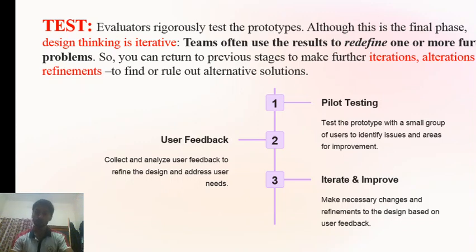They use those mobiles and try to find out the issues and areas of improvement, and they give the feedback. The manufacturer collects that feedback, analyzes it, refines the design and addresses the users' needs.